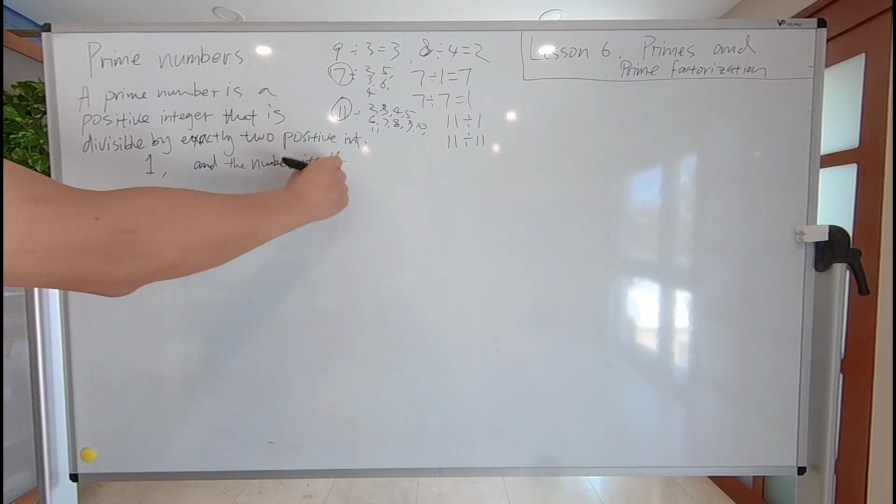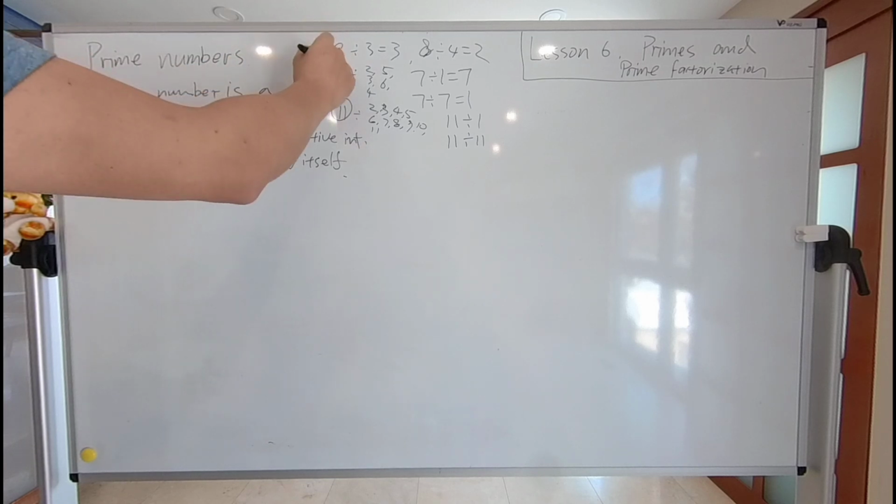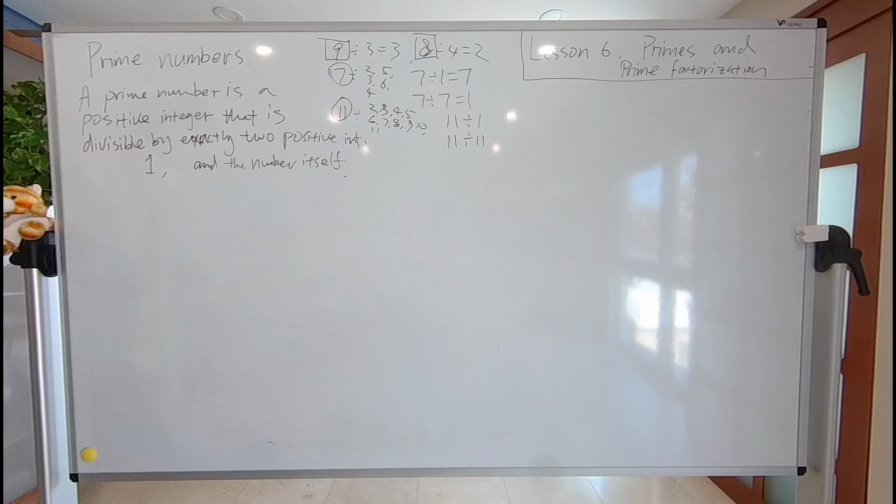And correspondingly, we have prime numbers. So what do we call other numbers if they do have different factors? We call them composite numbers.